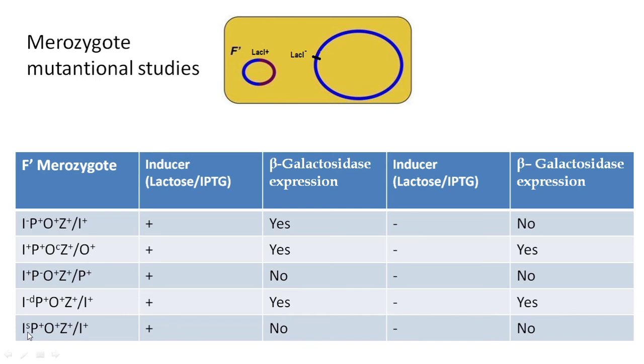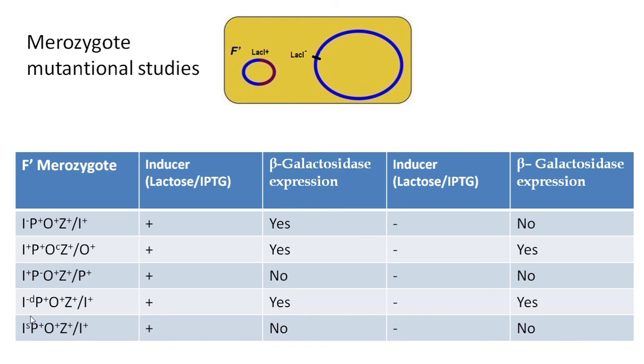But another mutation called IS is a super repressor mutation. This is a mutation in the Lac repressor on the site where the allolactose binds. So now allolactose cannot bind to the Lac repressor. See, if allolactose does not bind, what will happen? The Lac repressor will not be inactivated. It will always remain active.